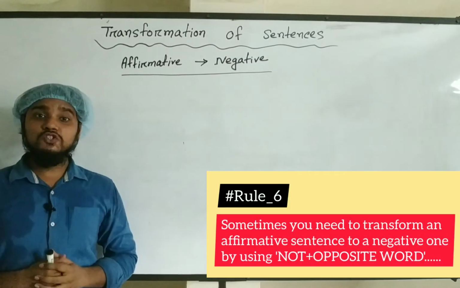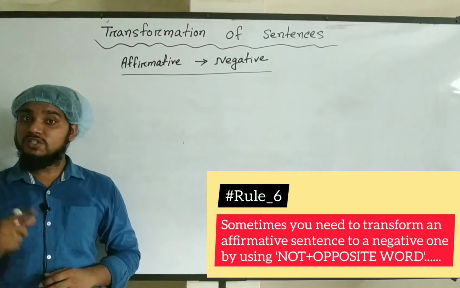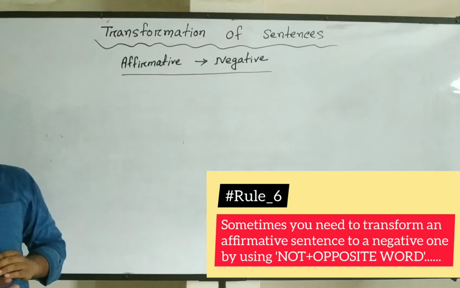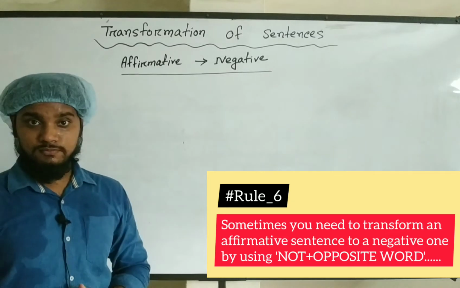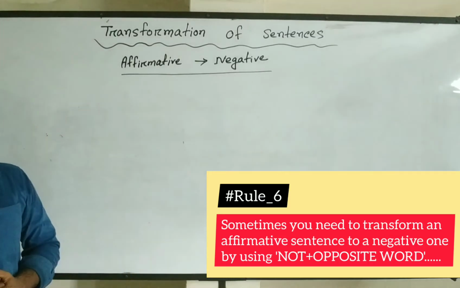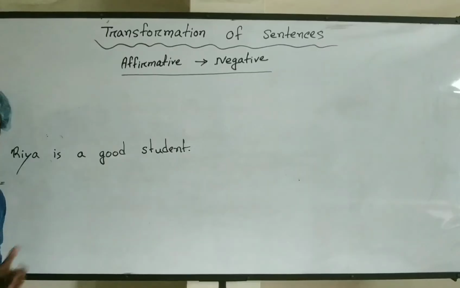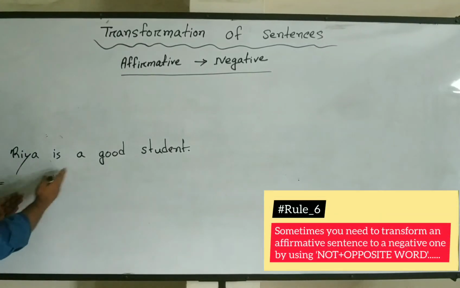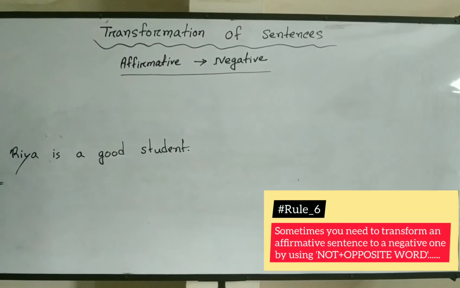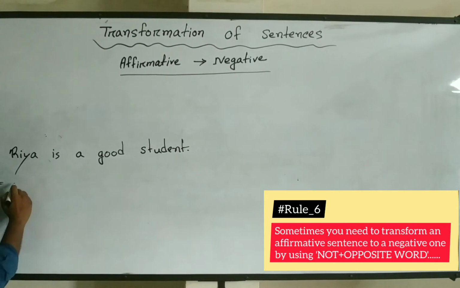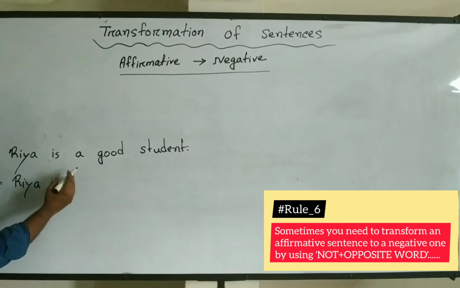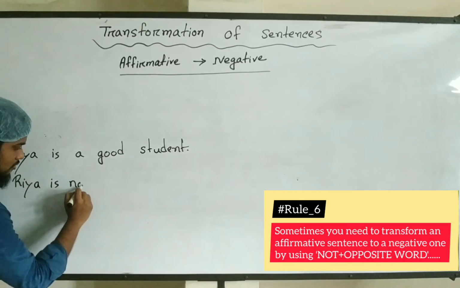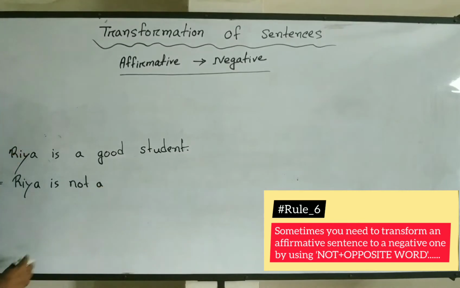Sometimes you have to change an affirmative sentence into negative just by using not and an opposite word. Let me make it clear for you with an example. Look at this example. Ria is a good student, right? So we have to write "Ria is not" and an opposite word.